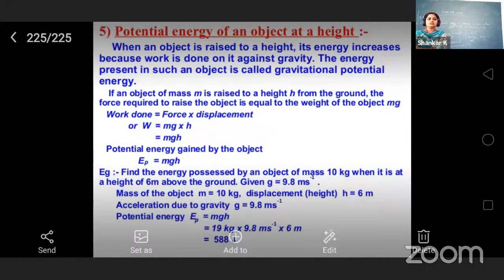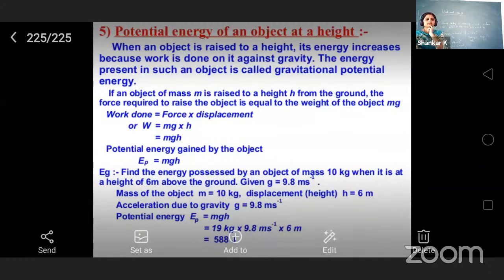Why? Because the force needed to raise the object is equal to the weight of the object. So if the object is very heavy, we cannot raise it very high.